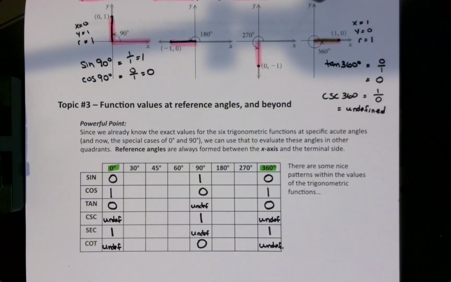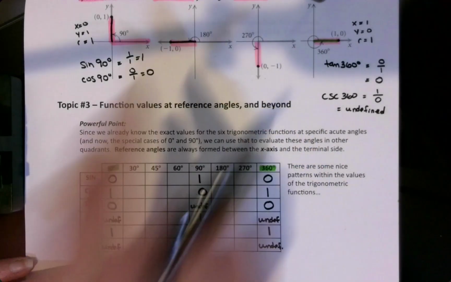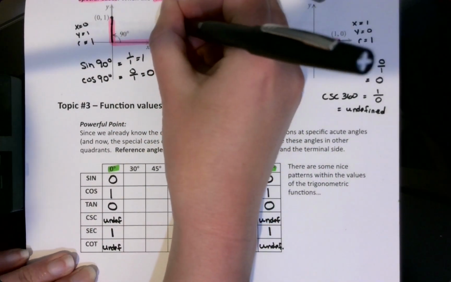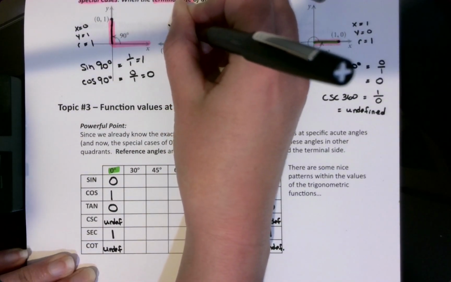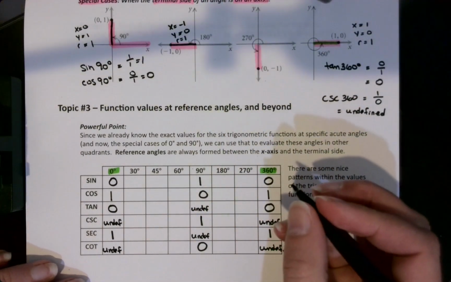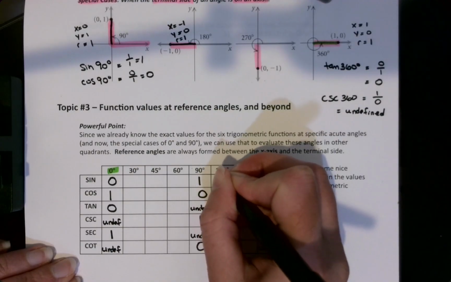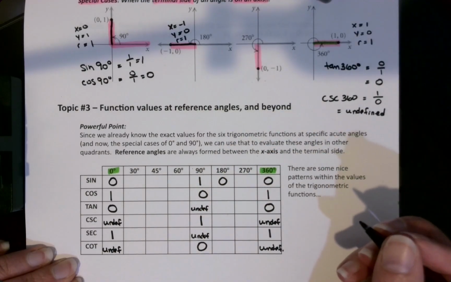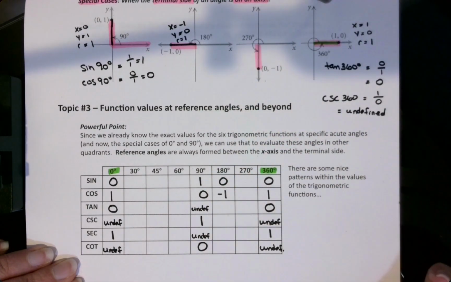Let's look at our 180. For 180, the x coordinate is -1, the y coordinate is 0, and the r is 1. So the sine, y over r, is going to be 0. The cosine, x over r, -1 over 1, is going to be -1.